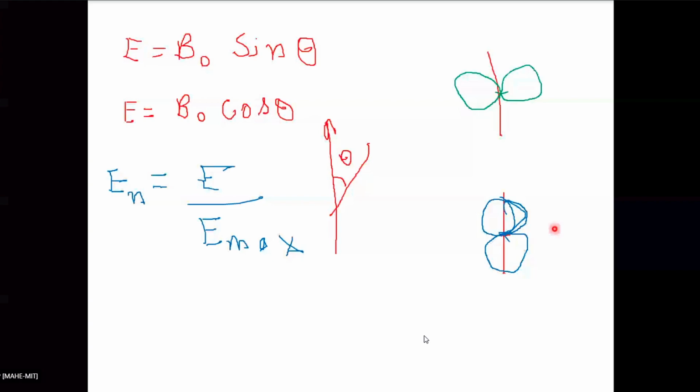Direction of null in the second pattern is 90 degrees. So are you able to get this? Direction of maxima, direction of null. To draw a pattern, you have to keep on assigning values to theta and draw the pattern.